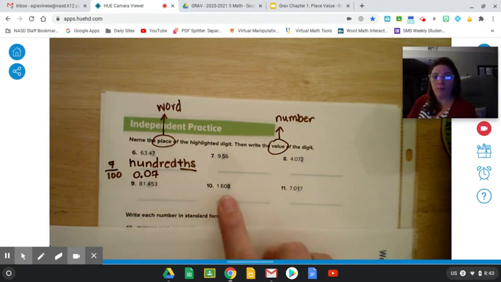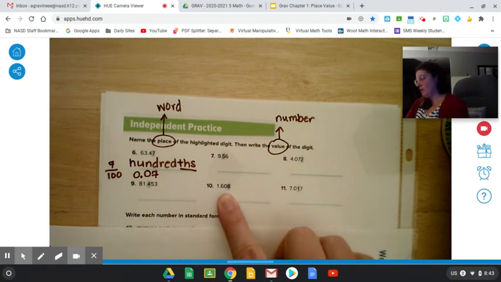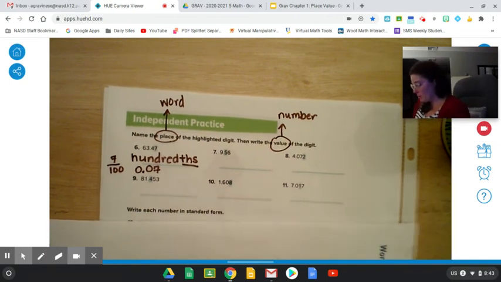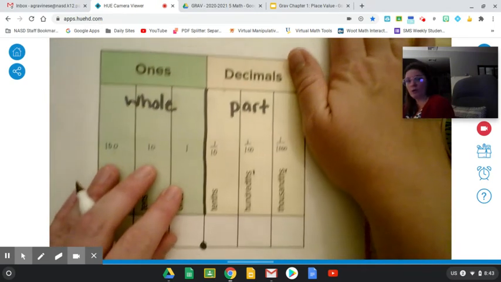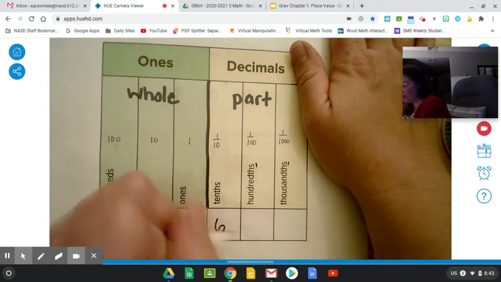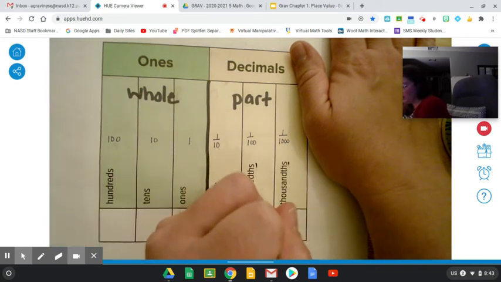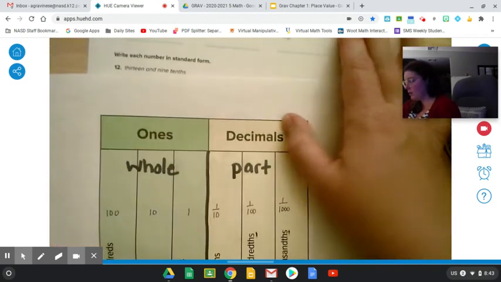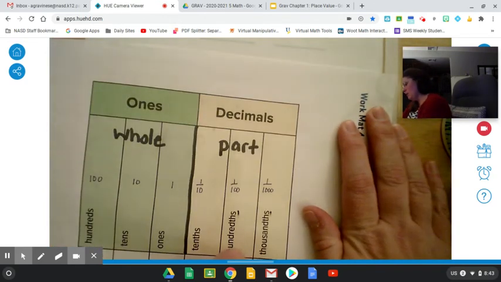Let's try another one. Let's go down to number 10. The number says 1.608. So to the left of my decimal point, I have a 1, and to the right, I have a 6, a 0, and an 8. The 8 is highlighted.